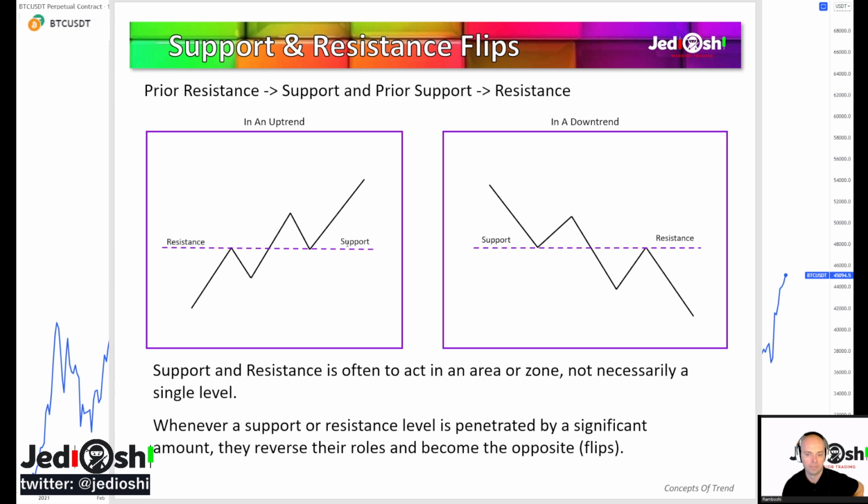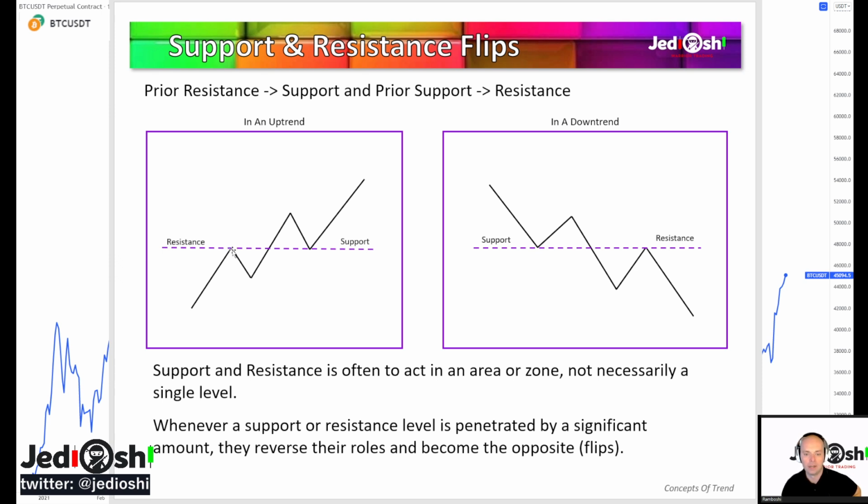That's now support. Conversely, in a downtrend, this came down, found support, bounced off, came back through, broke support. Now this support is resistance. So again, these act as a zone, and you see that in real life.